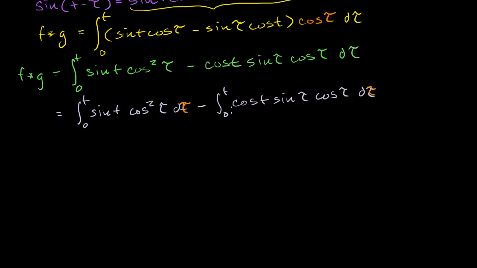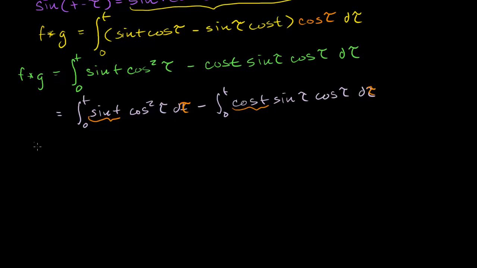So this cosine of t right here, that's a constant. The sine of t is a constant. For all I know, t could be equal to 5. It doesn't matter that one of the boundaries of our integration is also a t. That t would be a 5, in which case these are all just constants. We're integrating only with respect to tau. So if cosine of 5 is a constant, we can take it out of the integral.